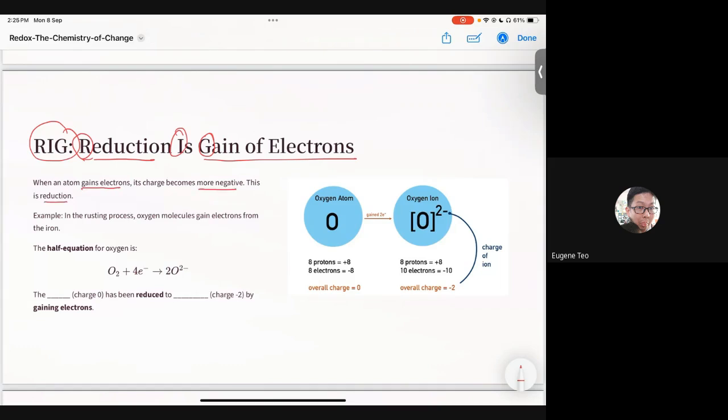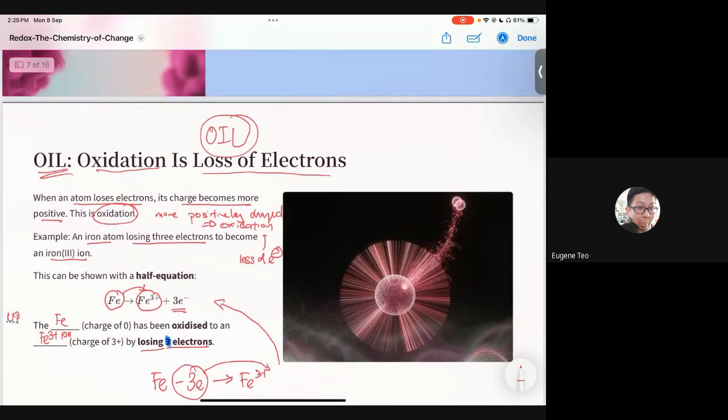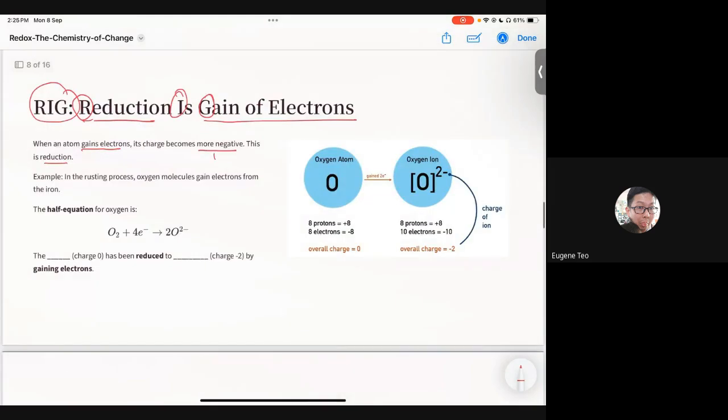This is reduction. If you scroll back up here, I wrote that more positive charge is oxidation. Now I'm going to write here more negative charge, or you can think of it as less positive charge. So something that's more negative can also be something that's less positive. So in this case, this will be reduction.